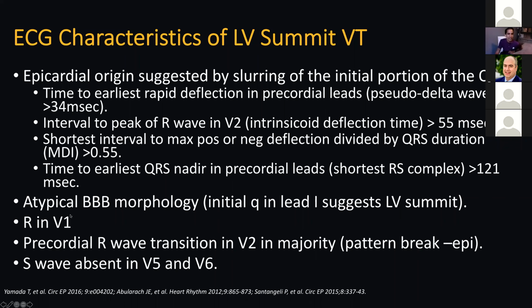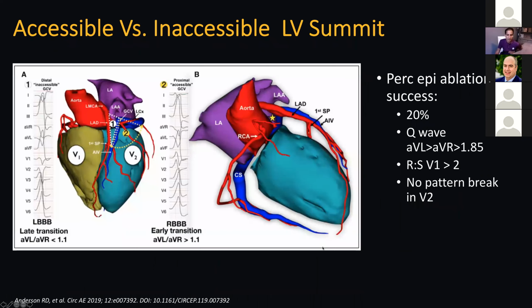Typically, with your LV summit VT, you're going to have an atypical bundle branch morphology. You have a Q in lead 1. A lot of times you have a monophasic R wave in V1, and characteristically the S waves are absent in V5 and V6. So we talked about the inaccessible and accessible regions of the LV summit. Remember, the inaccessible region, which is region number 1, is more septal.